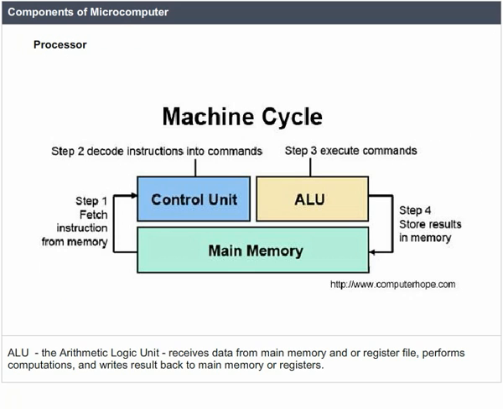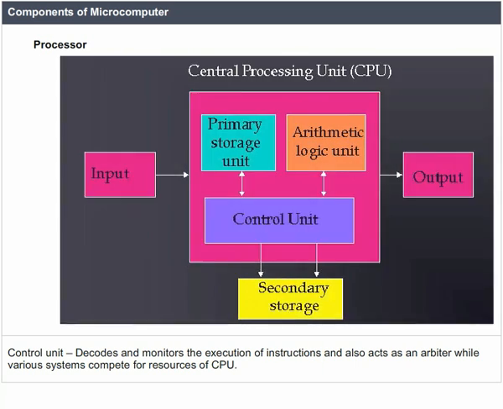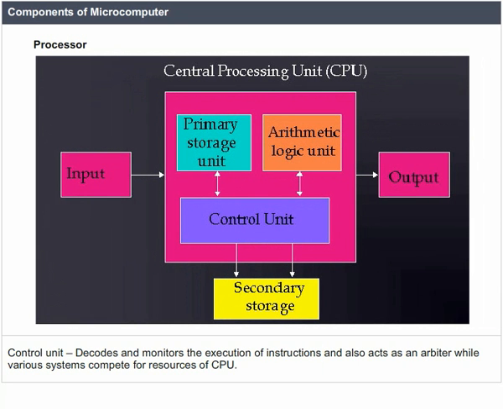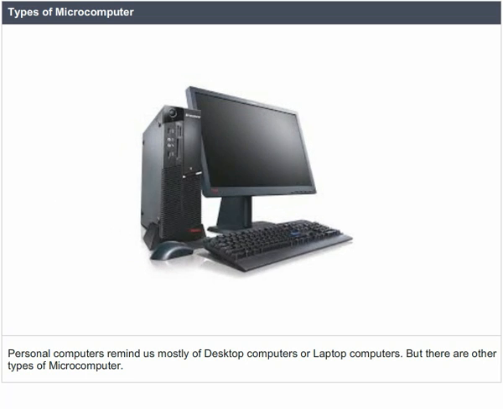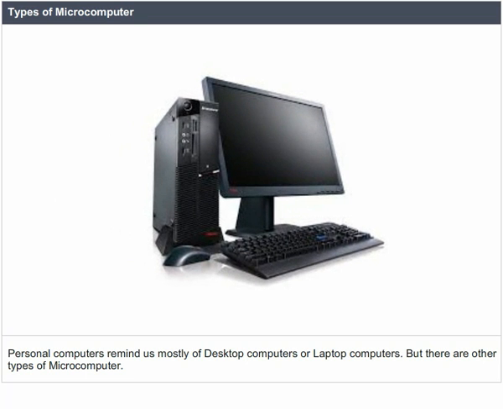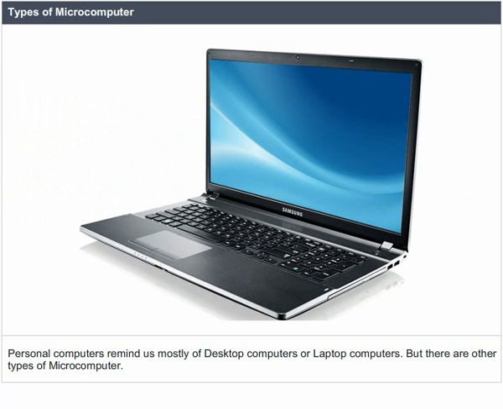The ALU, the arithmetic logic unit, receives data from main memory and/or the register file, performs computations and writes the result back to main memory or registers. The control unit decodes and monitors the execution of instructions and also acts as an arbiter while various systems compete for resources of the CPU.